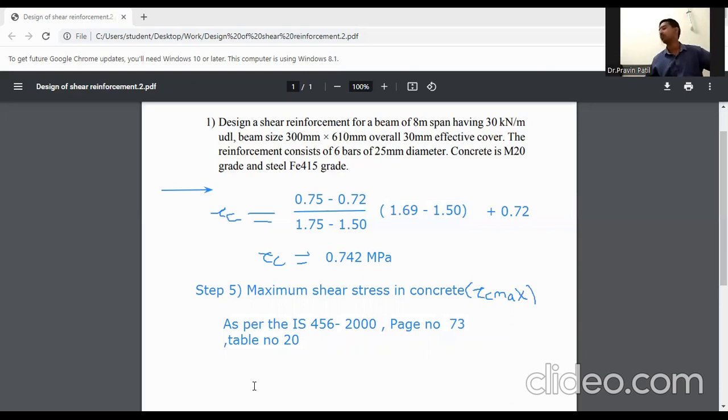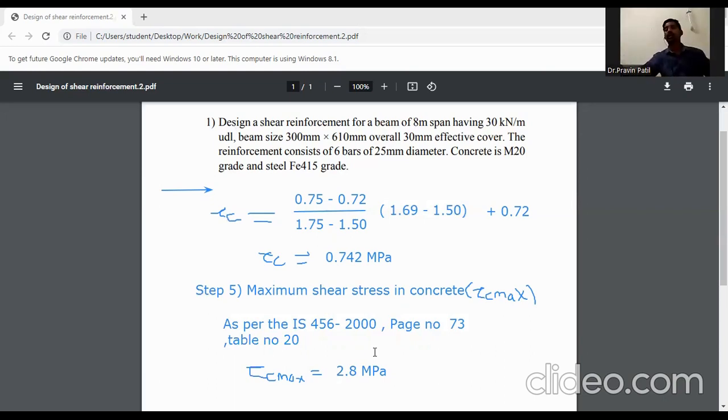Our grade of concrete is M20, so for that tau c max is 2.8 MPa. I will note down this value also.